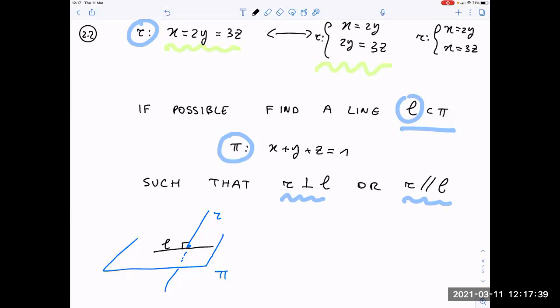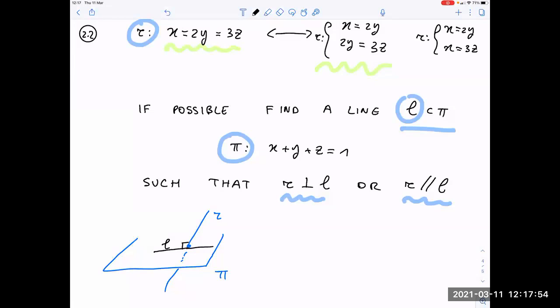So let's see if you have any comment. So first, I'd like to check if my picture is accurate, okay?